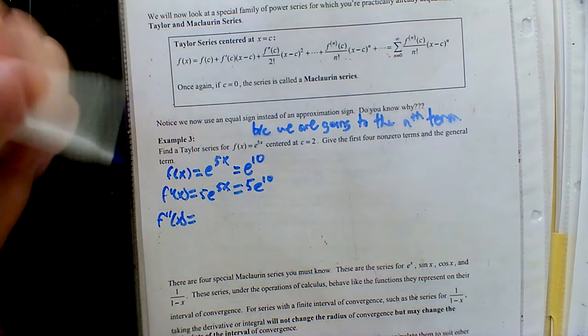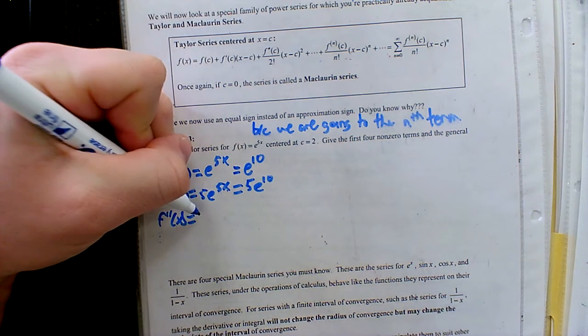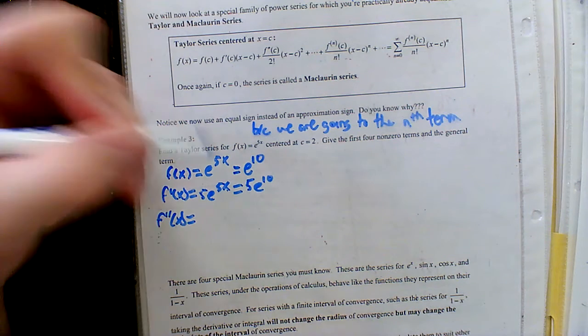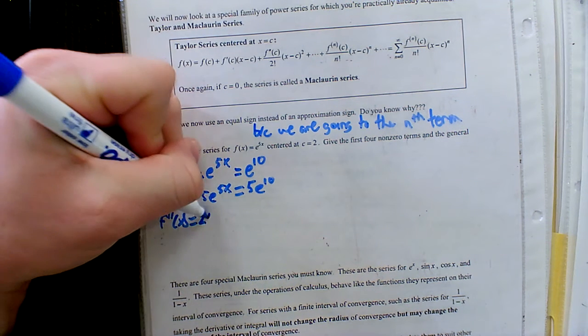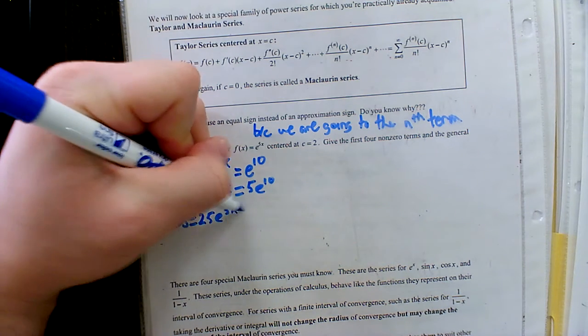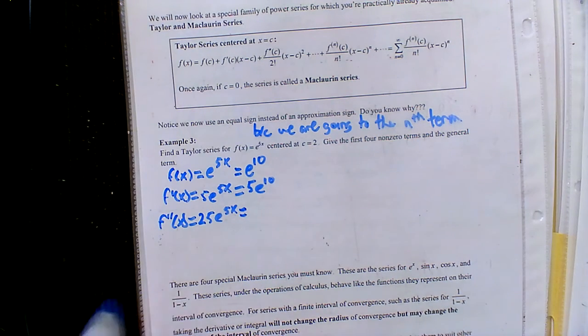Second derivative. This can be written 2 different ways. What do you get when you get the second derivative? Yeah, we'll write it that way. 25e to the 5x. You'll see a pattern in the next one if you didn't catch it yet.